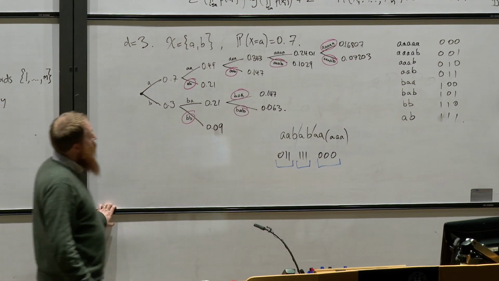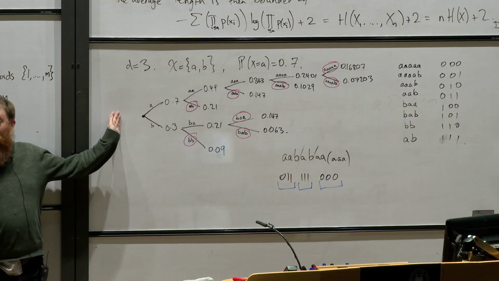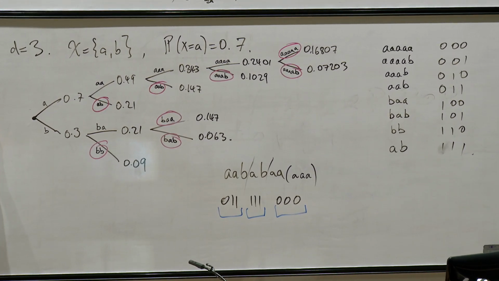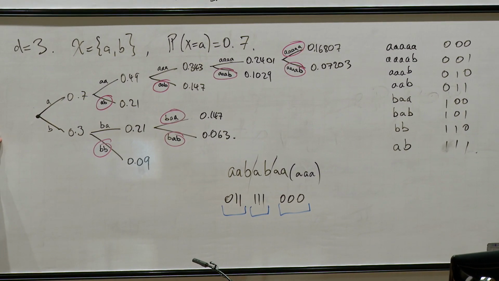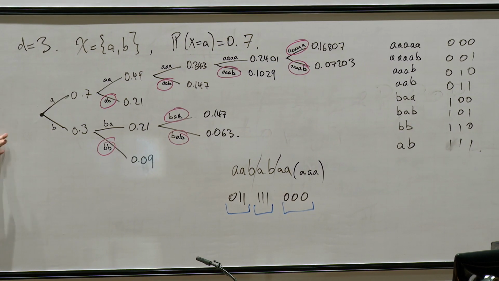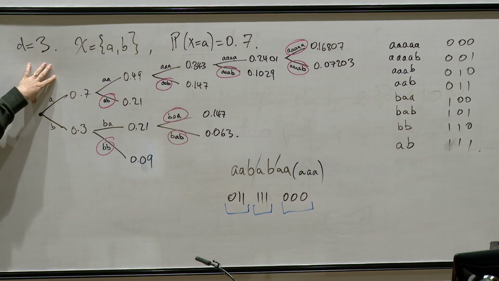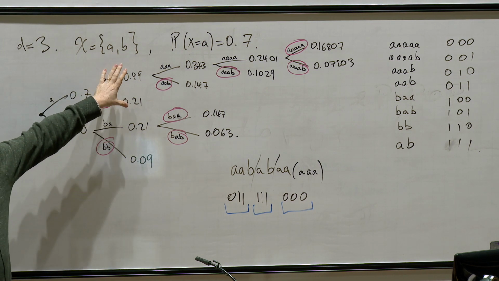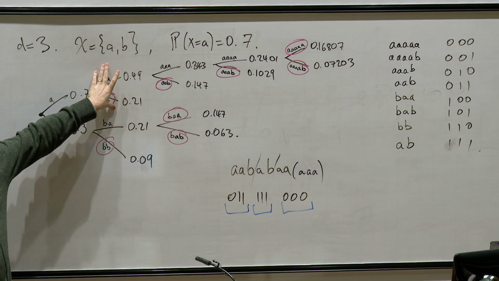One thing to notice, again, if I asked you to do this code but not assuming IID, then that would be perfectly easy. You say, if the first character is an A, I can change these probabilities. I don't need these probabilities to just be multiplied by the unconditional probabilities.